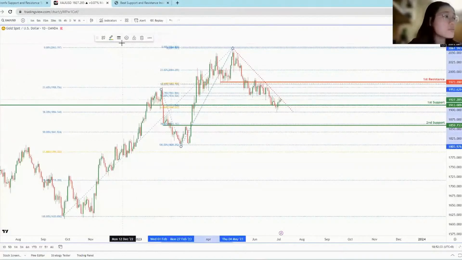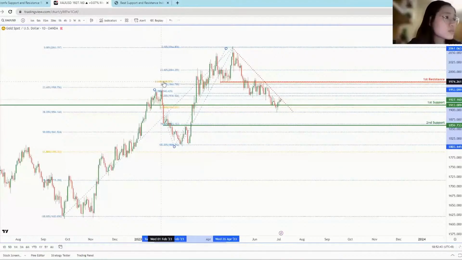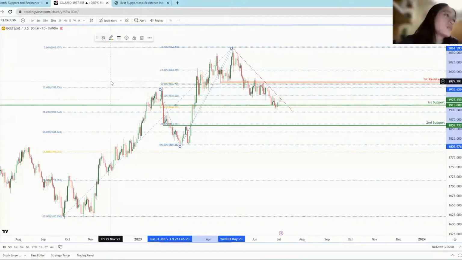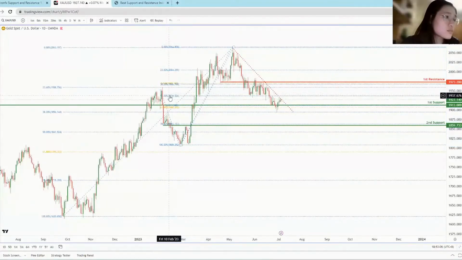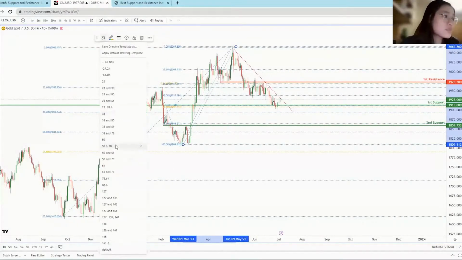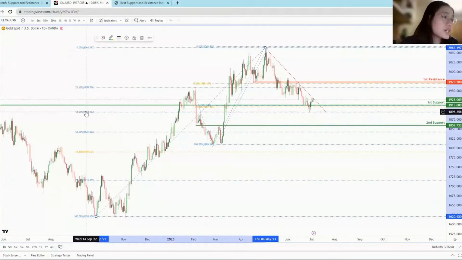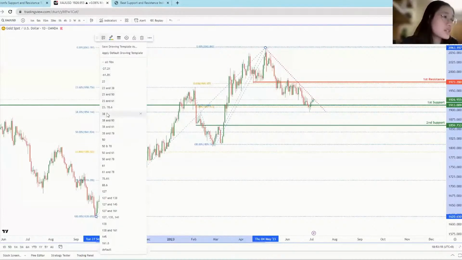Okay, and here we have, so I can see my 61.8 lines up. Okay, and then over here, I have my 38.